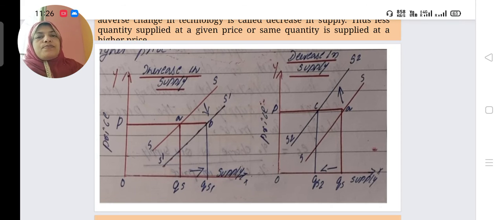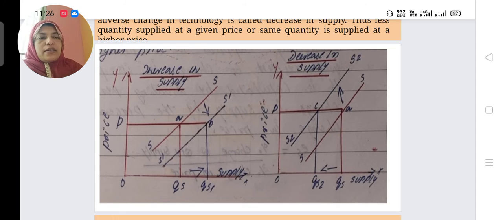Now, situation is changed, maybe decrease in input price, favorable change in technology, or reduction in the tax. The producer supplied more quantity, that is OQS1. Then supply curve changed to S1S1. That movement is called increase in supply.